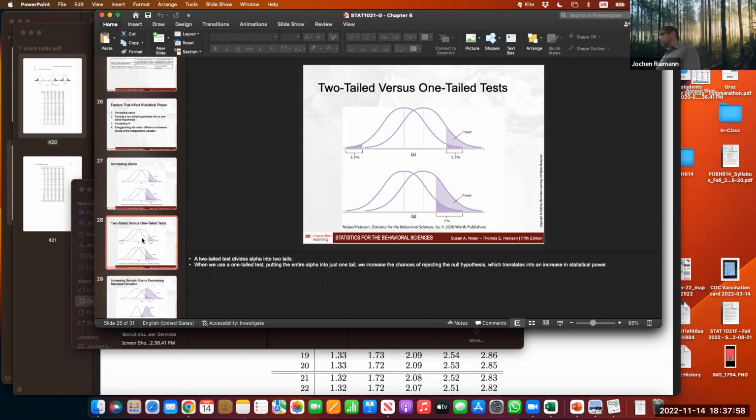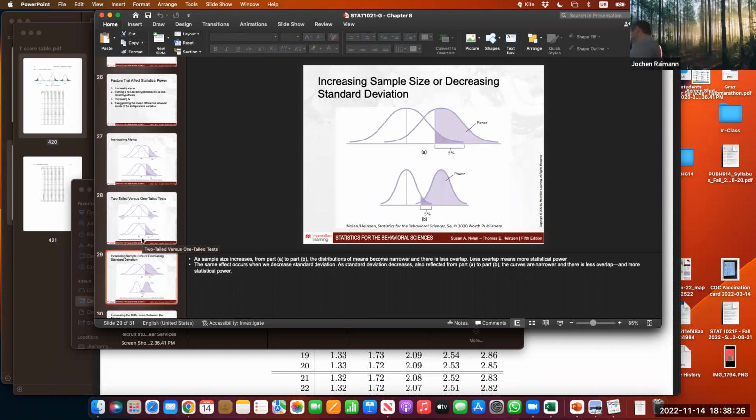If you turn a two-tailed into one-tailed, you have the same problem. Here you have alpha now on both sides, but basically that overlap of which you are significantly rejecting is basically larger. So the overlap between two populations and the non-overlapping regions actually increase, and the overlapping regions decrease.